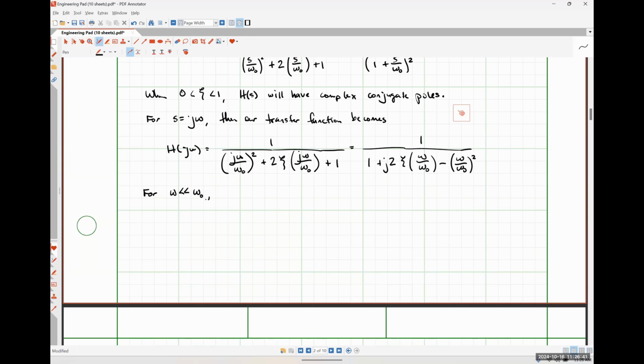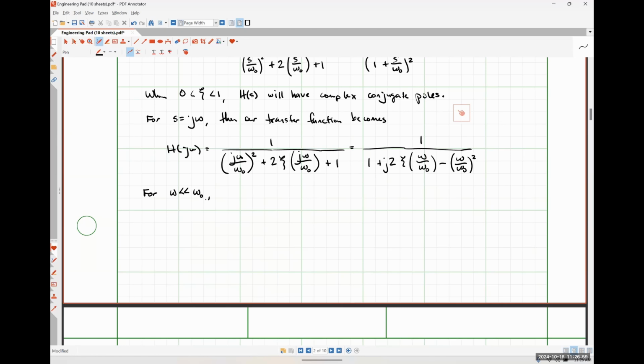Our imaginary part is also going to trend towards 0 because we've got j2 times a number less than 1 times another number less than 1. So this guy in the middle is going to be rather small as well.